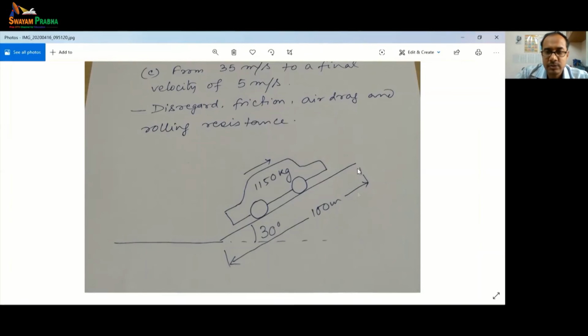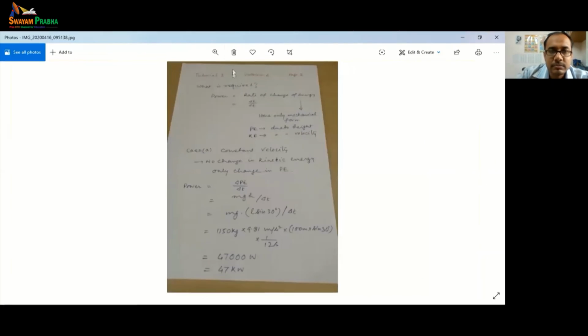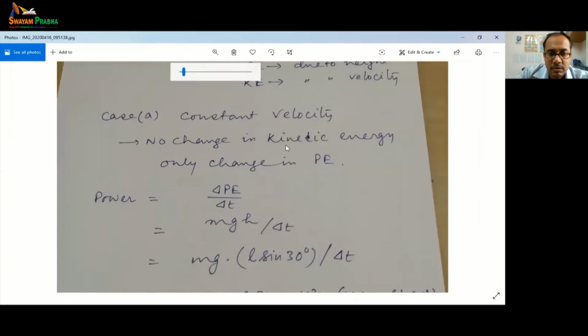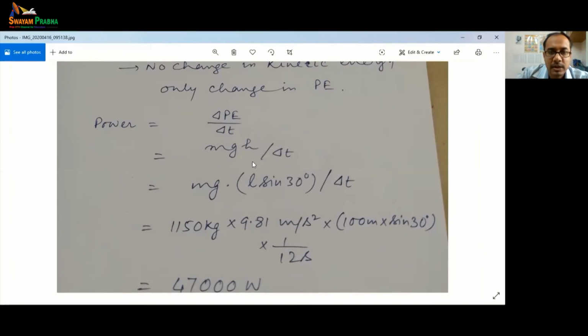This is the height, which is L sine 30 degrees. So that's what we are going to use here. In place of h, we have written L sine 30, so the power is mgL sine 30 divided by t.